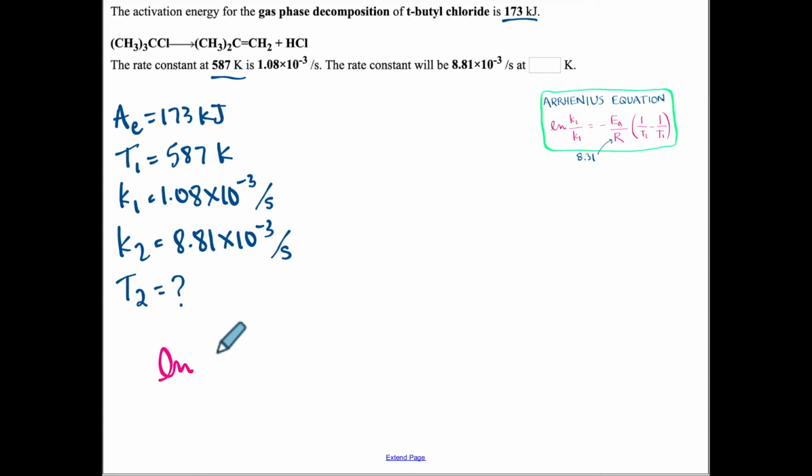ln of K2, 8.81 times 10 to the negative 3 over K1, 1.08 times 10 to the negative 3 equals negative.